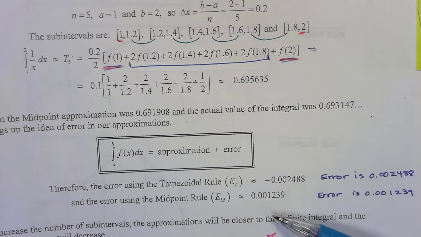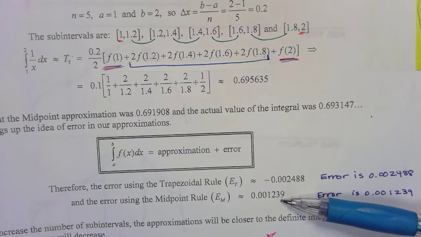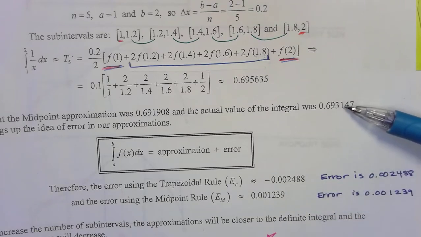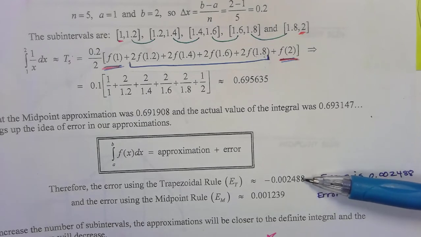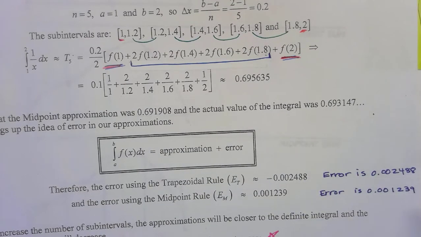And our error using the midpoint rule, okay? Our actual integral is 0.001239 larger than this. Our actual integral for the trapezoid rule is 0.002488 less than this. So we'd call this our error. Now, important thing to know is in mathematics, when we talk about error, we don't usually say plus or minus, we just say the error is.